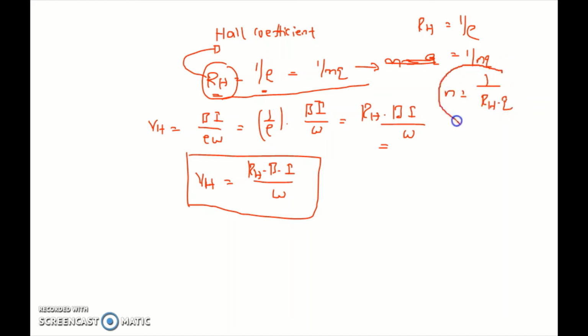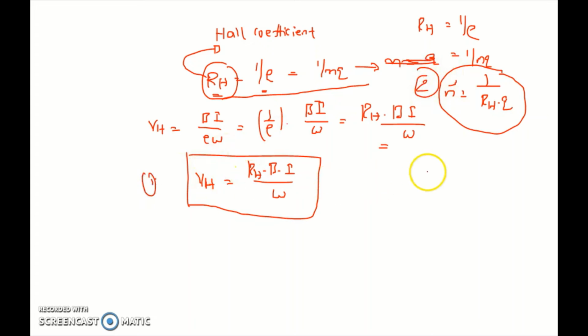That means the number of charge carriers present in the specimen is the reciprocal of the Hall coefficient and the charge of the charge carrier. So by this Hall effect we can find out the concentration of charge carriers in the specimen also. You have to note down this one also.